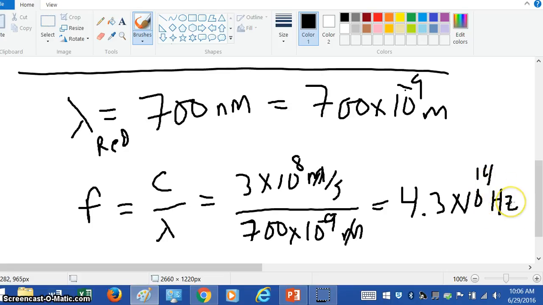And so that's the frequency of the deepest red the human eye can see, the 700 nanometers.